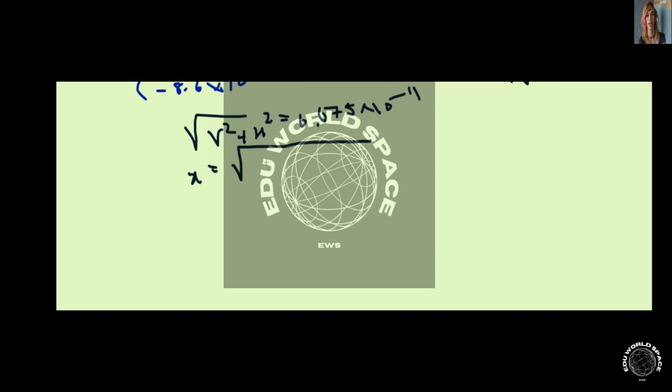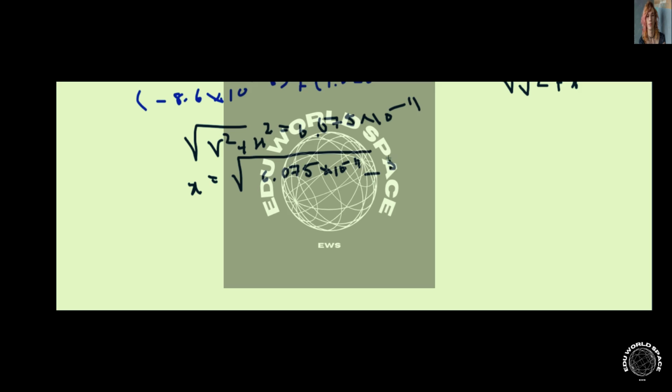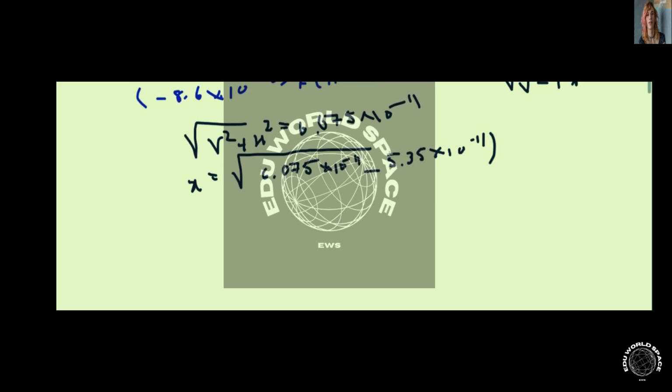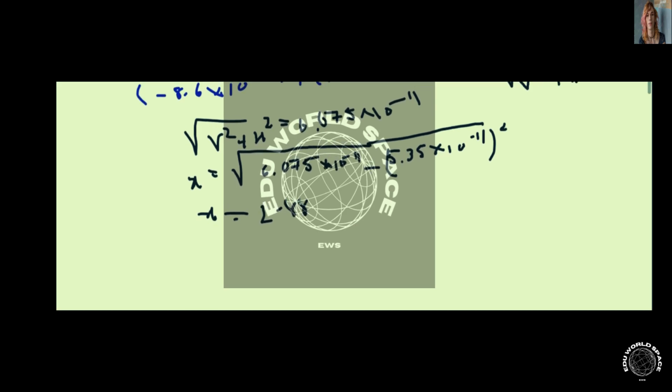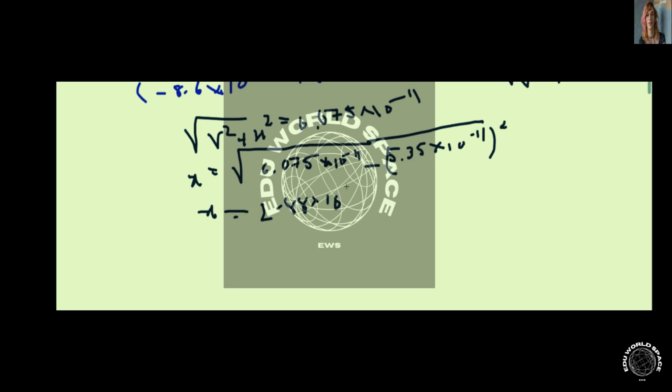So it's 6.075 times 10 to the negative 11 minus the radius, which was 5.35 times 10 to the negative 11, and this whole thing is squared, since the radius is squared up here in the previous step. And if we compute this, we're going to get that x is equal to 2.88 times 10 to the power of negative 11 meters.